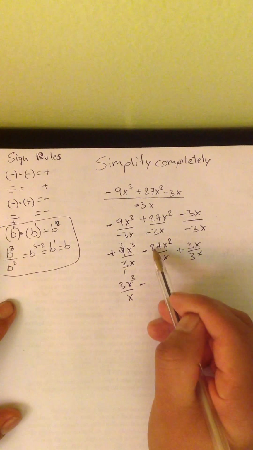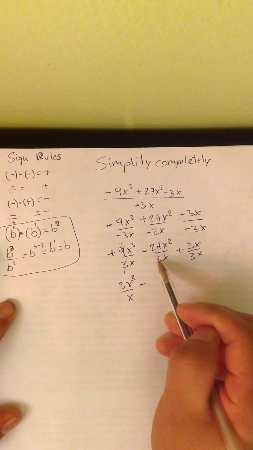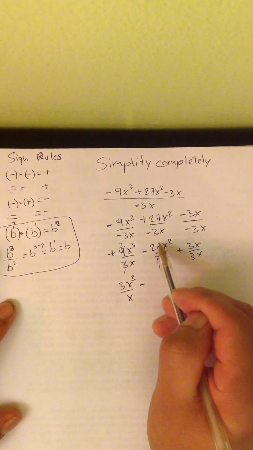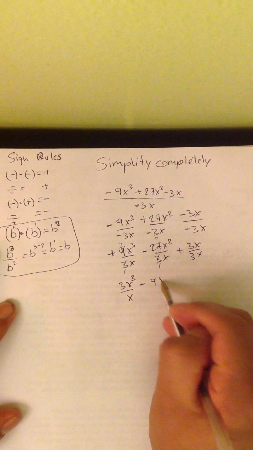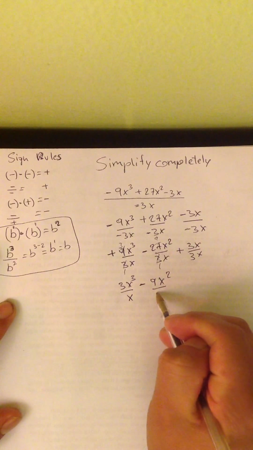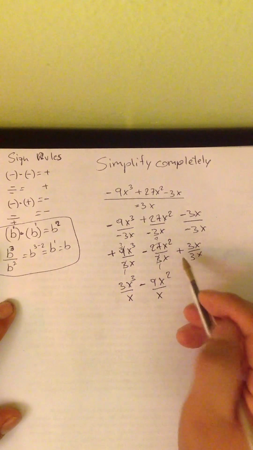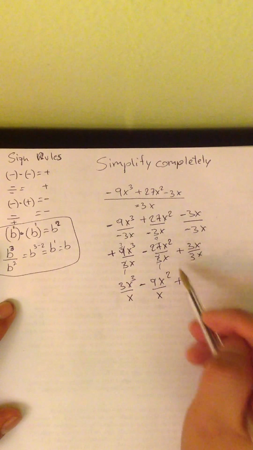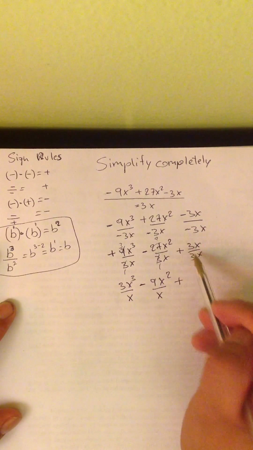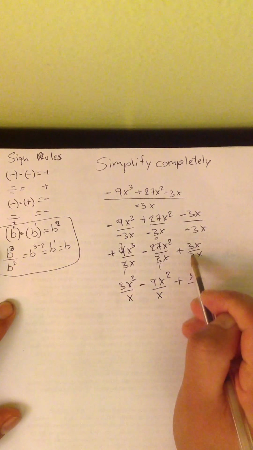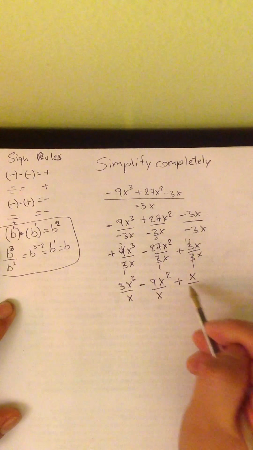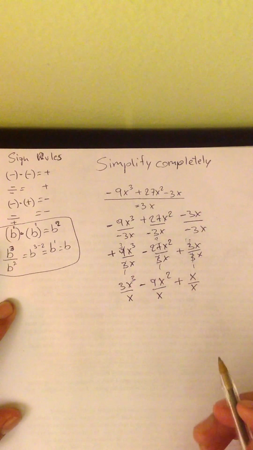Negative, the sign. 27 divided by 3 is 9, right? So 9x squared over x. It has a positive sign. Let's write this down. So 3 divided by 3 is just 1. We can just say x, just 1. x divided by x.